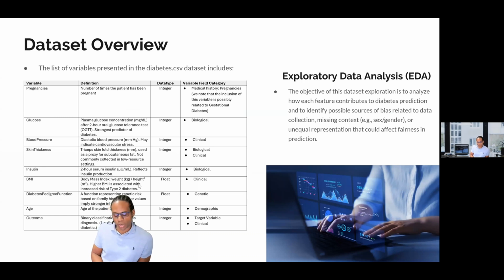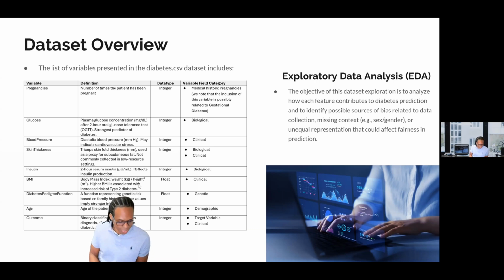And then we also wanted to categorize everything in terms of its medical history, if it's biological, or if it's something that's clinical. So we went through each and every one of the variables. For example, for pregnancies, glucose, blood pressure, skin thickness and insulin, we determined that they are integers and that each of the variable field categories had a specific purpose.